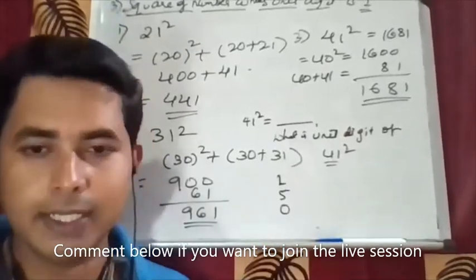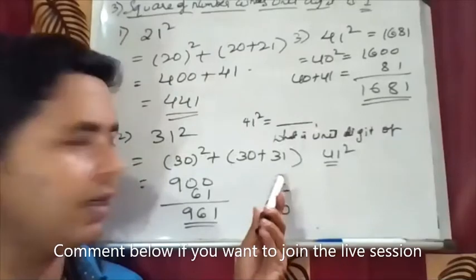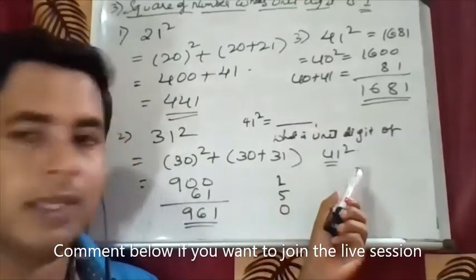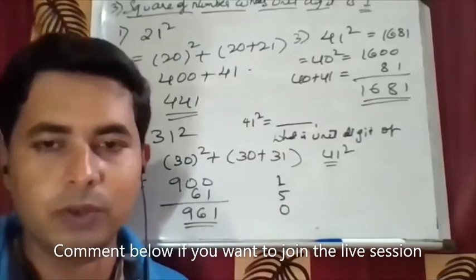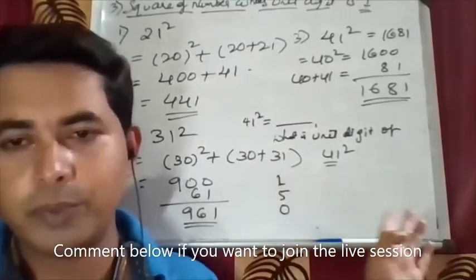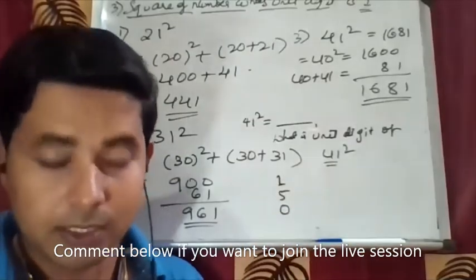In other cases it is different. So for a number ending with 1, the unit digit of its square is also 1. For a number ending with 5, the unit digit of its square is 5. For a number ending with 0, the unit digit of its square is 0.